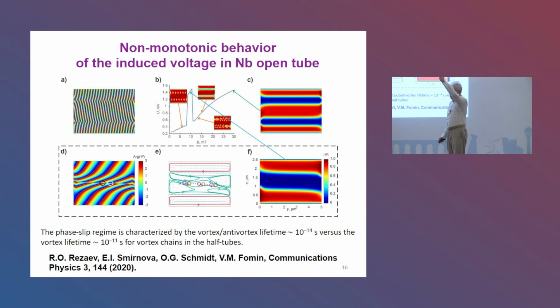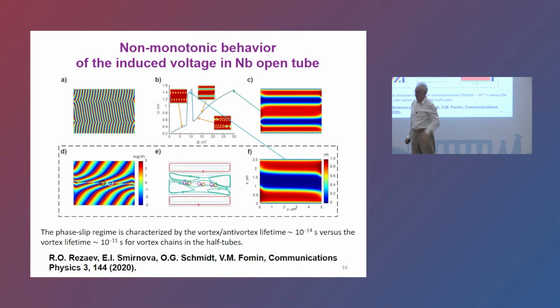We have already 4. It's a more complicated topology. And just between these loops, we have a locus of formation of vortices and anti-vortices.